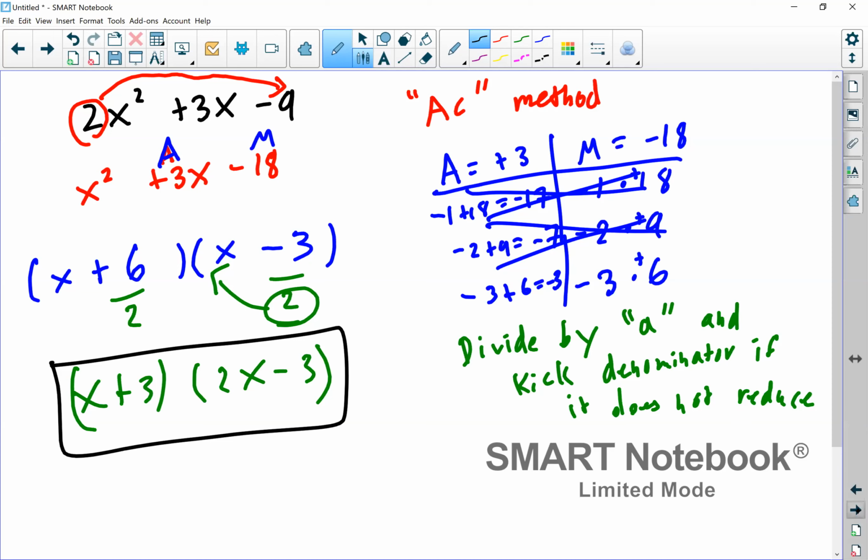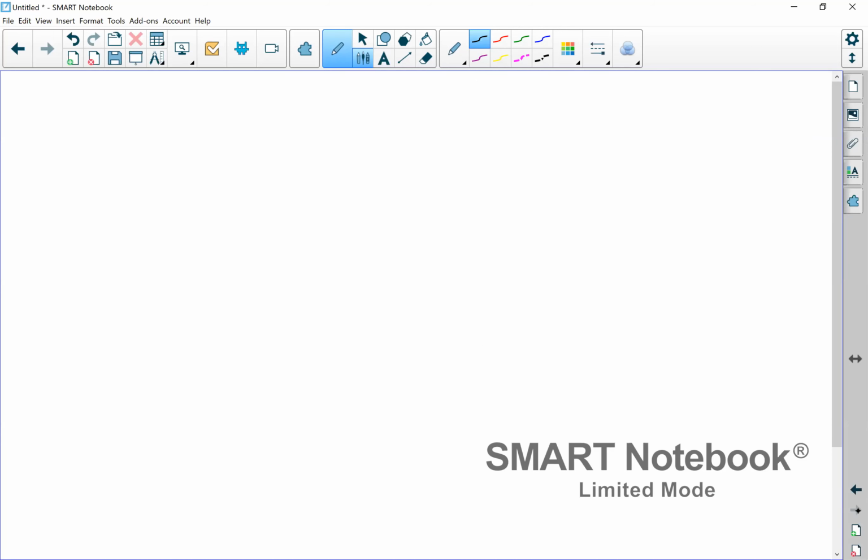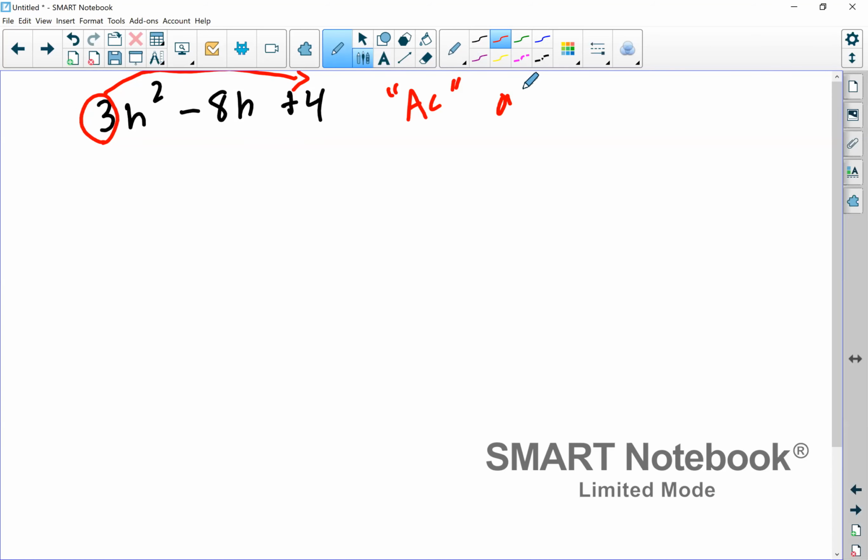And let's try our last thing. With this last one, we're going to go 3n squared minus 8n plus 4. Our a value is greater than 1, so we're going to do our AC method, or sometimes known as the bridge method, and multiply to the 4.